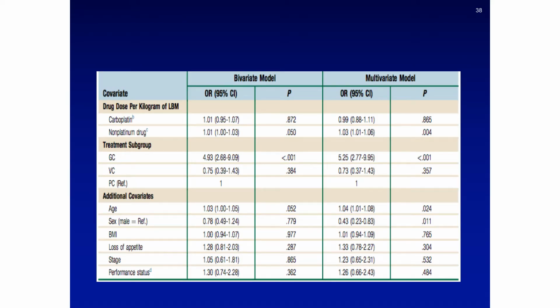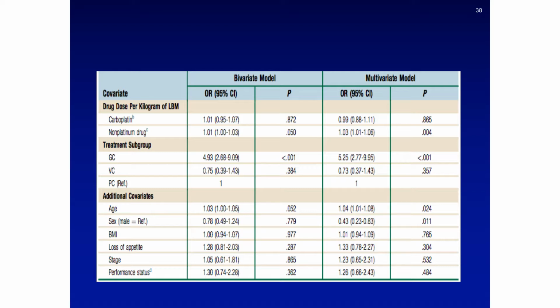When we did this in multivariate analysis, numerically, this was highly significant at 0.04 for the non-platinum drug, looking at the whole population. When we looked at it by individual groups, interestingly, the carboplatin dose per kilo of lean body mass was significant also in the gem carbo arm.